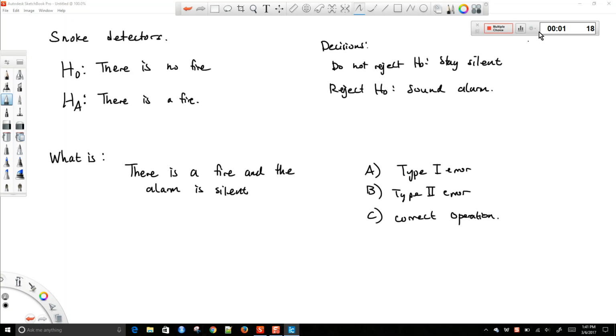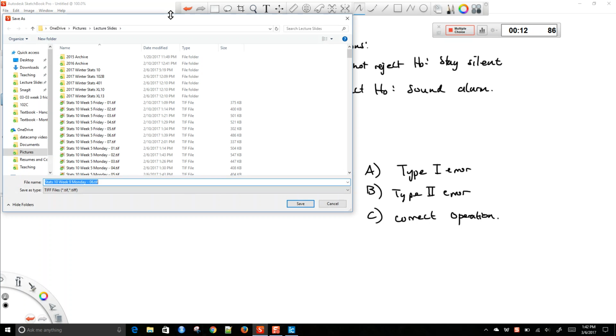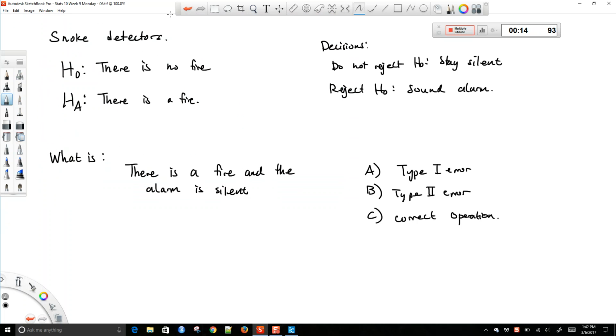Okay, the poll has opened, so get your clicks in. There's a fire, and the alarm is silent. Is this a type 1 error, type 2 error, or correct operation?